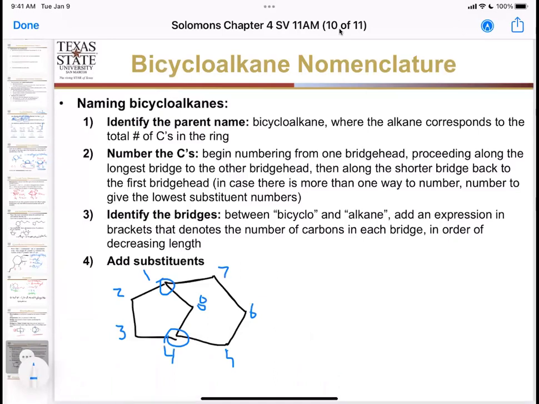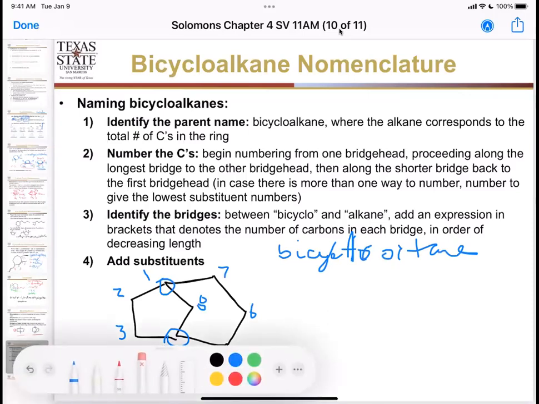So we only have a total of 8 carbons in our bicyclo compound, which makes this bicyclooctane. That's the way we get to our parent name.